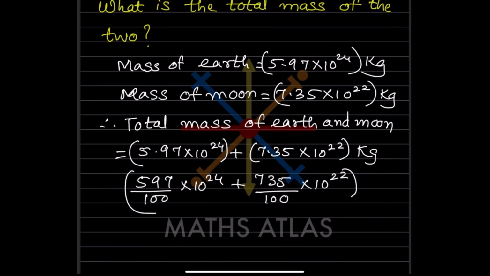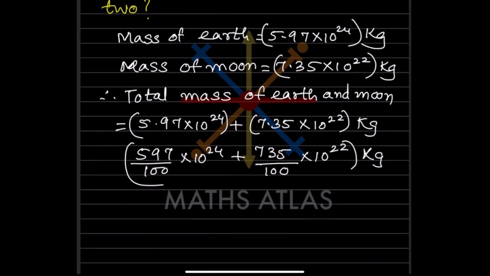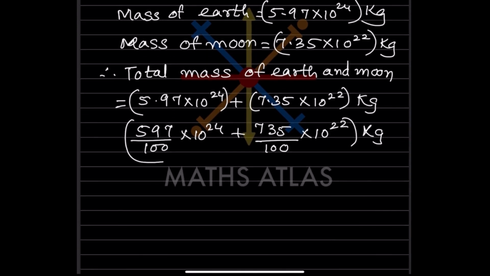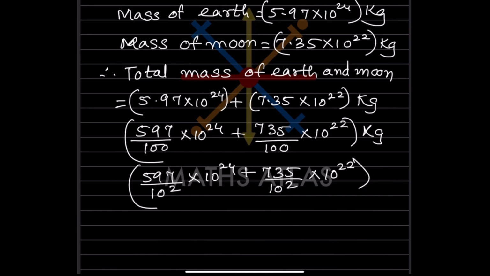This whole we can put in a bracket, in kilogram. So now we can also write here 597 divided by 10 raised to 2 into 10 raised to 24, and 735 divided by 10 raised to 2 into 10 raised to 22. This will be in kilogram.